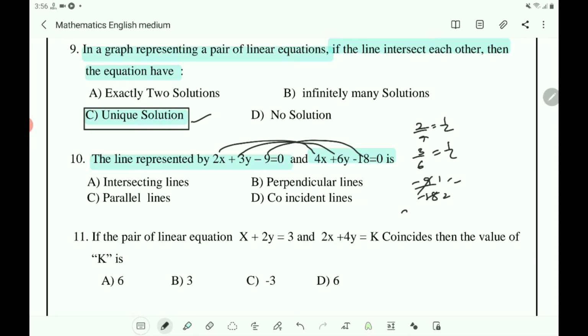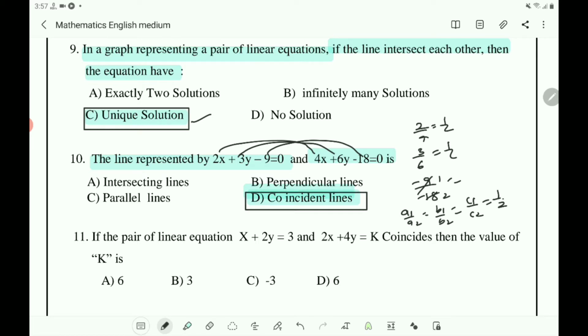Here a1 by a2 equals b1 by b2 equals c1 by c2, all equal to 1 by 2. Therefore, they have infinitely many solutions and they are coincident lines. So option D is the answer. Note down option D.